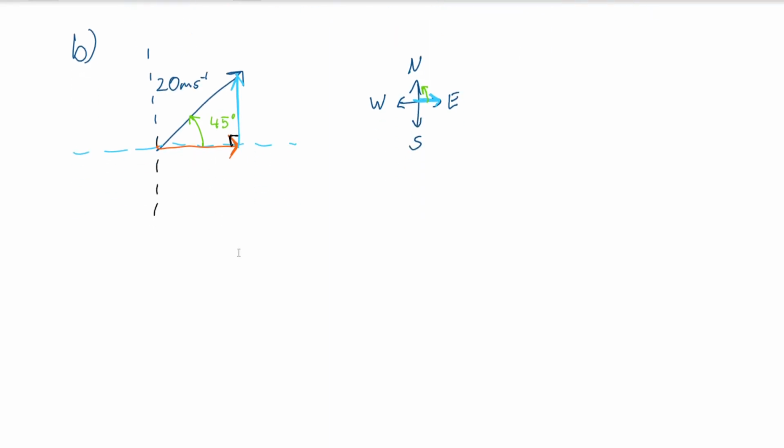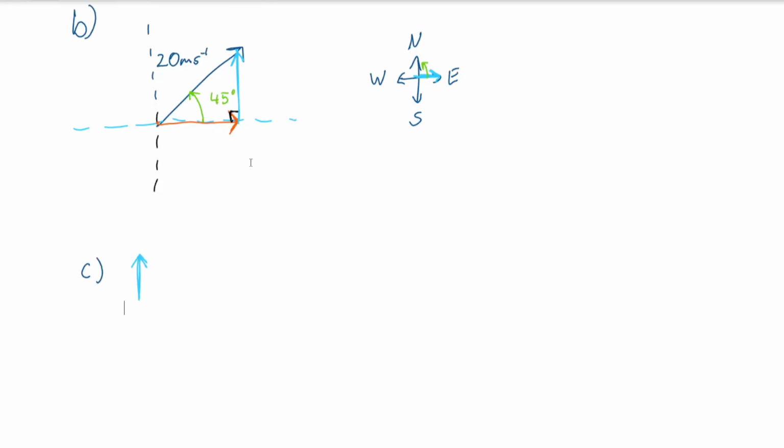So let's work out the vertical component first. Looking from the angle, we're looking for the opposite, and we are given the hypotenuse, so we will use the sine ratio.